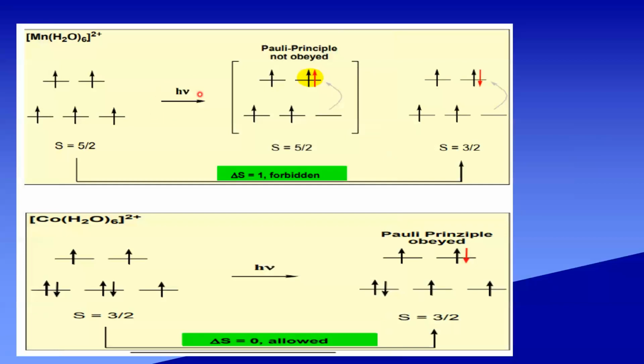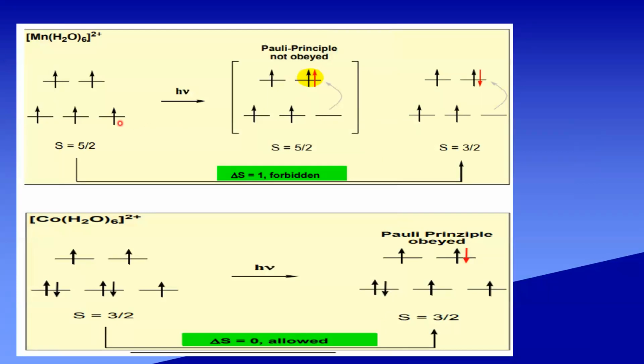It absorbs a certain amount of energy and one of the electrons is promoted in a parallel way to the higher energy state. Here Pauli's principle is not obeyed. That is, S equal to 5/2, spin selection rule is obeyed, but Pauli's exclusion principle is not obeyed.